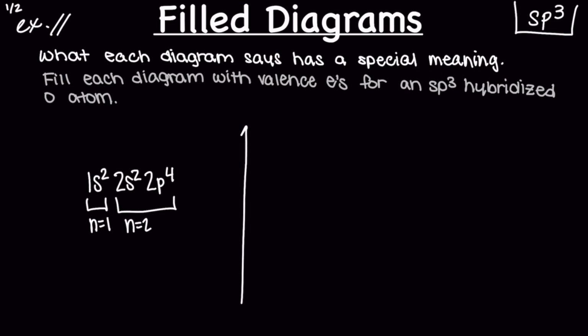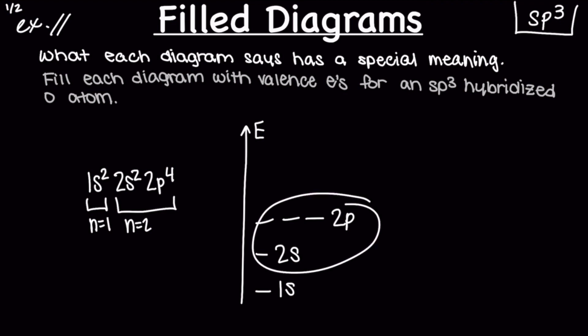From there, we can then draw our energy diagram listing our atomic orbitals, 1s, 2s, and 2p. But remember, because hybridization only involves s and p orbitals, and because the 2s and 2p electrons are involved in the valence shell, we can disregard 1s completely.